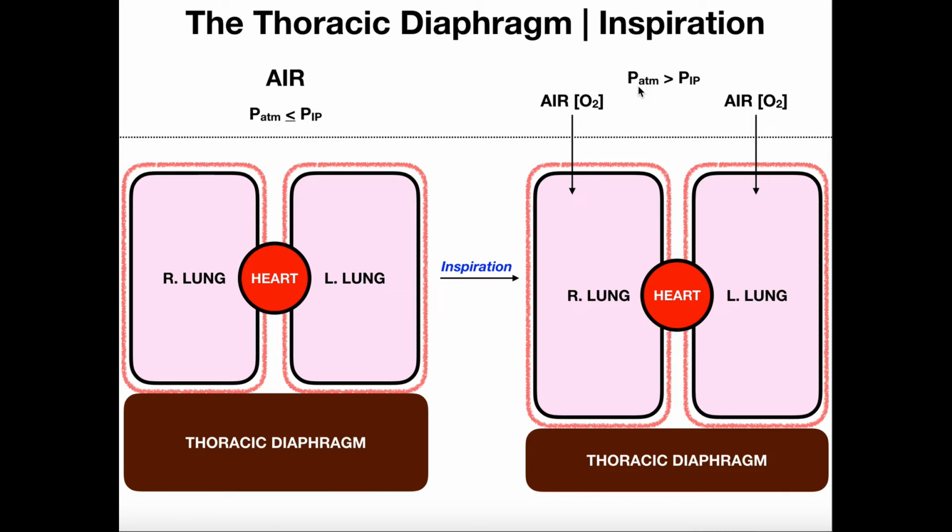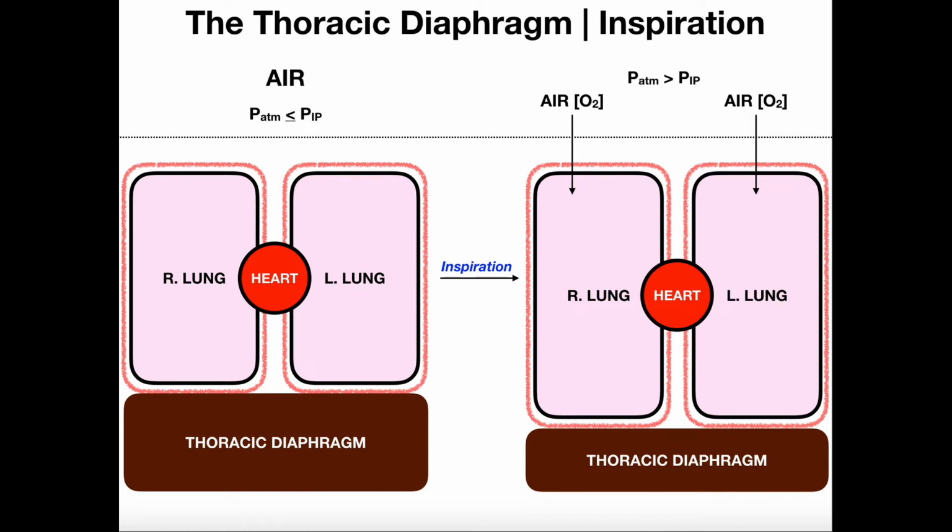It's still 760 millimeters of mercury. You cannot change the atmospheric pressure. However, by inspiring and decreasing the intrapleural pressure, it will decrease to actually about 759 millimeters of mercury.